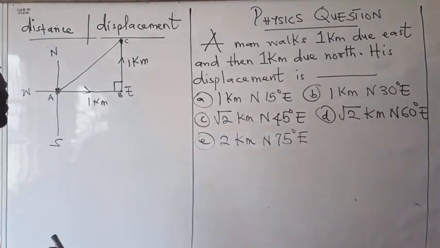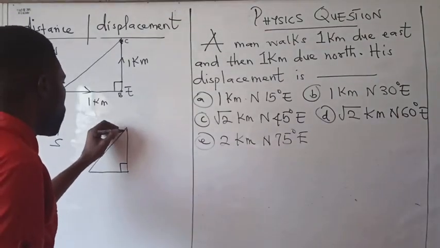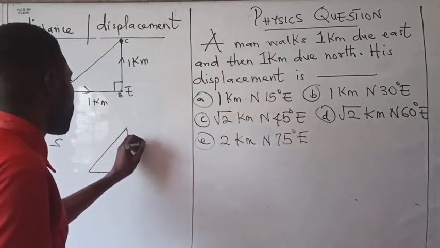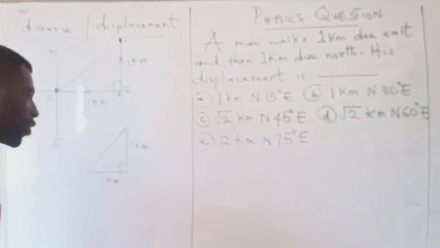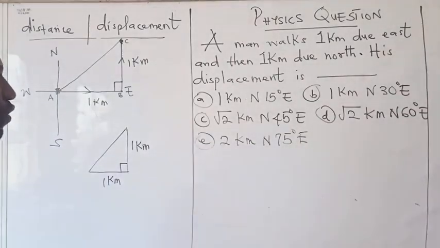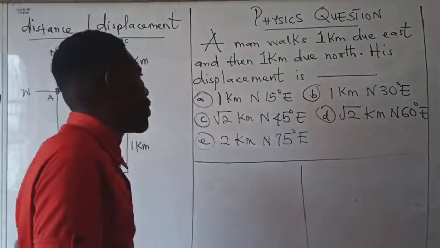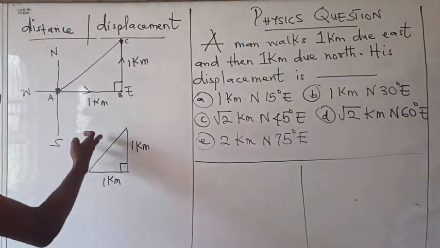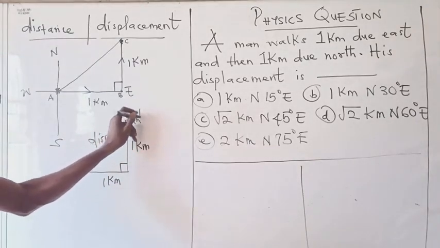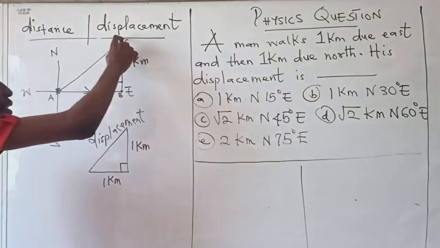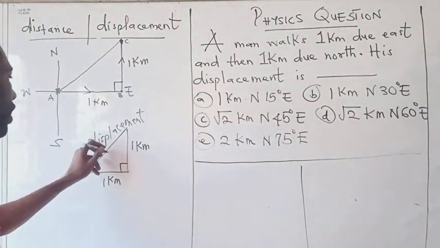Looking at this, we have a right angle triangle on the board, and to find distances in a right angle triangle we simply use the Pythagoras theorem. We want to use it to get the displacement, which is the change in position of the man from his final point to his initial point.